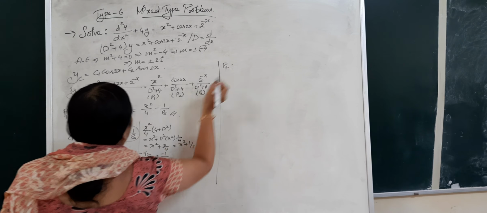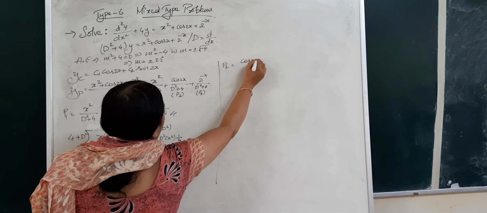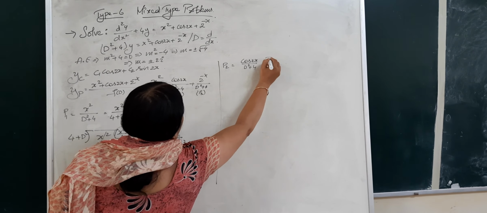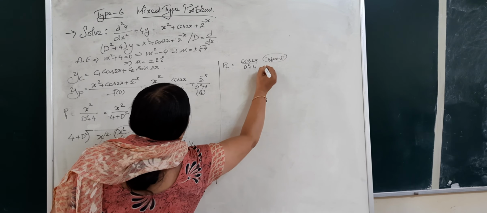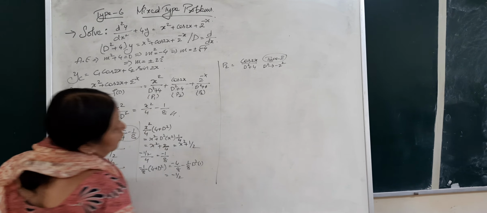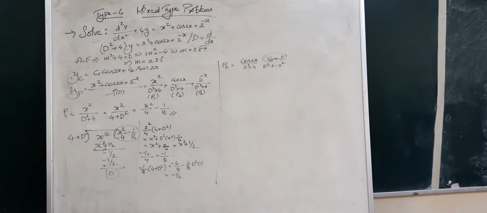So our P2 says, what is P2? Cos 2x divided by D square plus 4. This comes under type 2. So you have to replace D square by minus a square, and here our a is 2. How do you get 2? 2 is the coefficient of x in the trigonometric form. Understood?